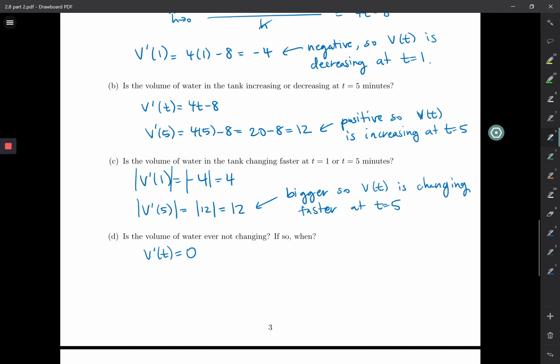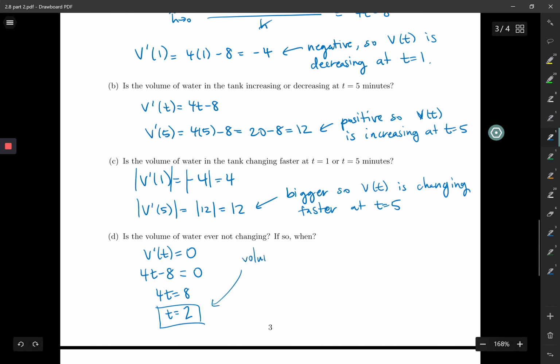We can solve this by using our formula that we found for v prime, which is 4t minus 8, and then we solve for t. We get t equals 2. So that means that the volume is not changing at t equals 2 minutes.